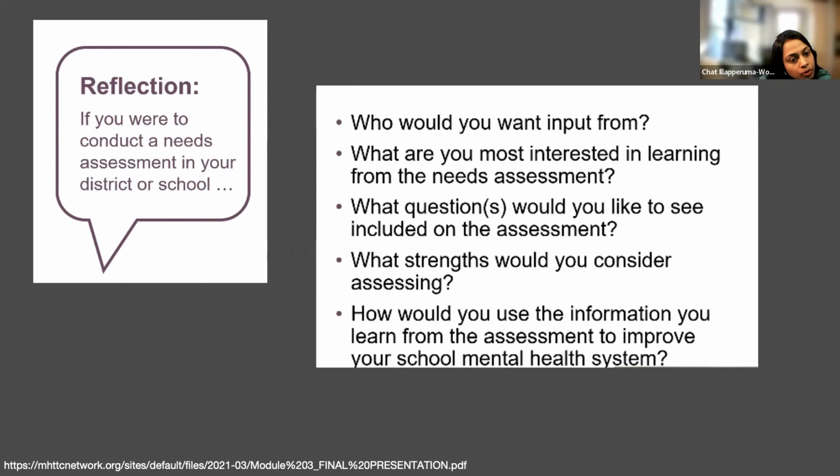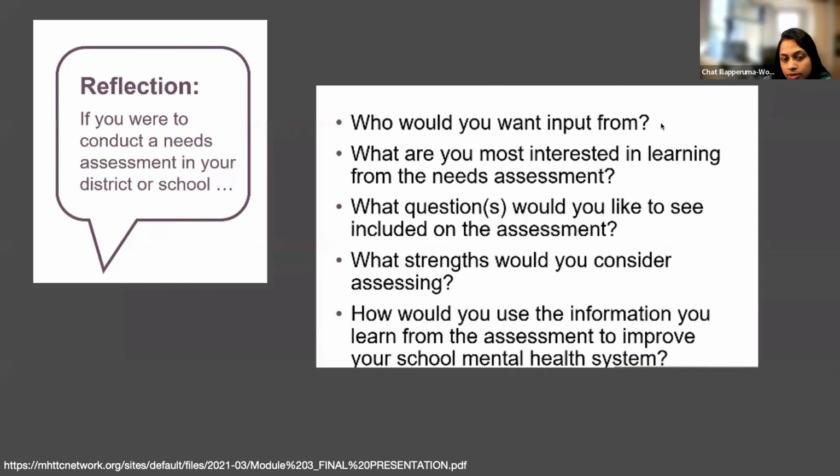And when you are at that stage of contemplating, here are some questions to get you started. Or if you're a school who wants to do things differently, these are also some questions that can get you thinking. So who would you want input from?